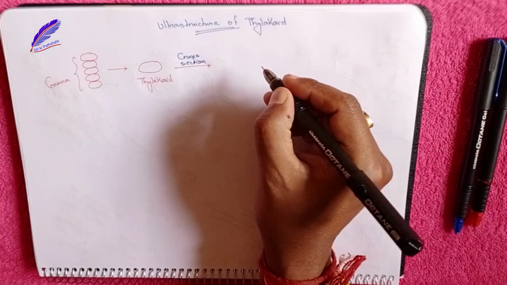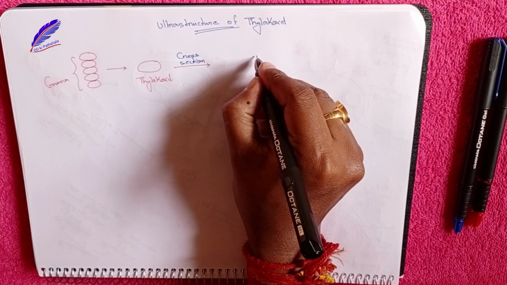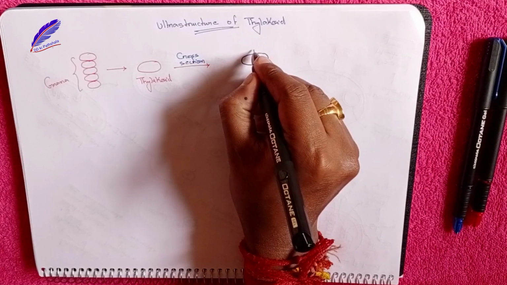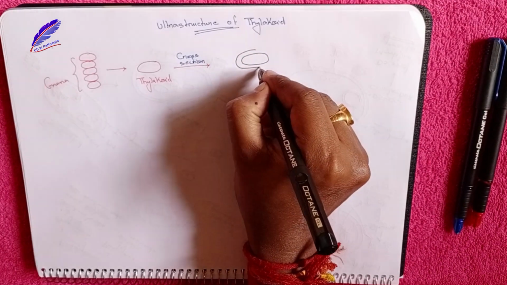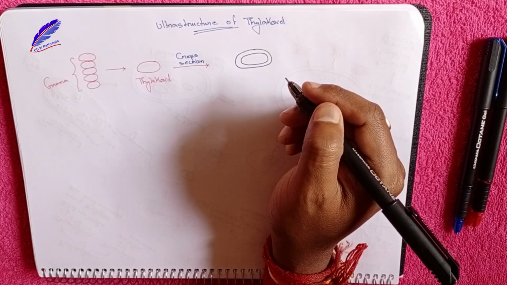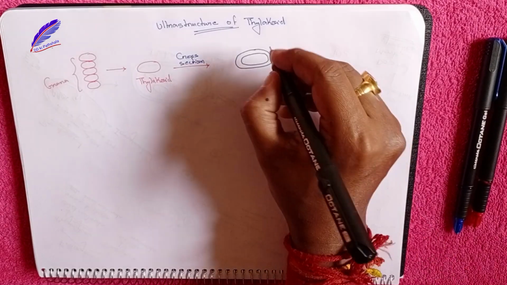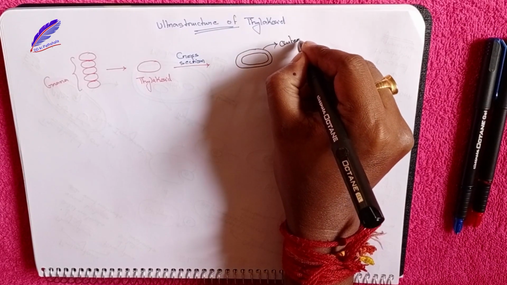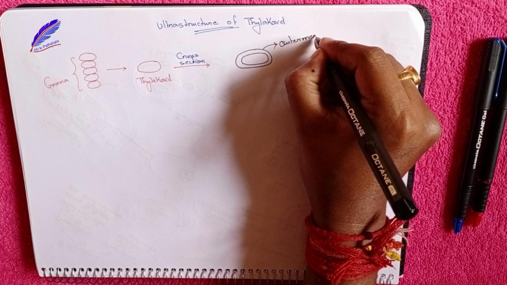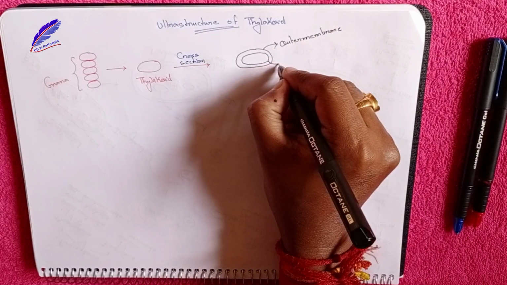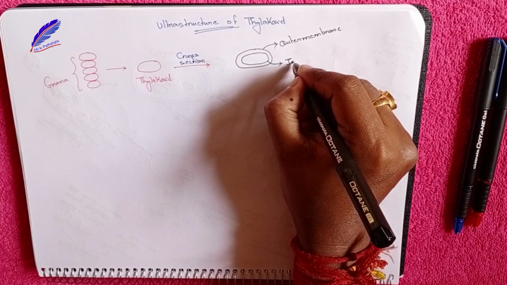Through the cross-sectional study, we will observe that the thylakoid has two membranes. One is the outer membrane and another is the inner membrane.